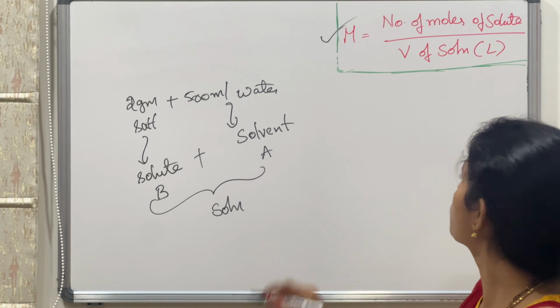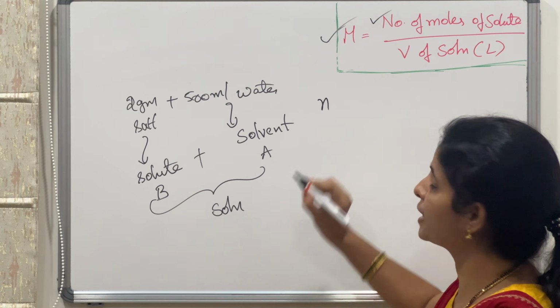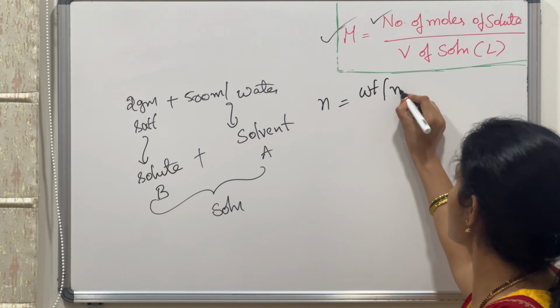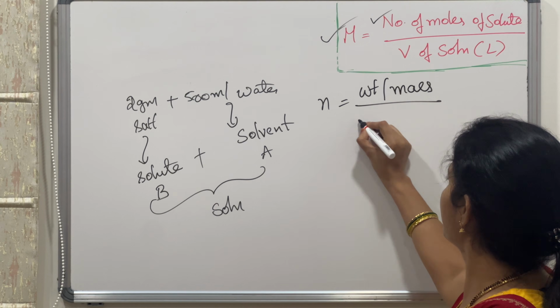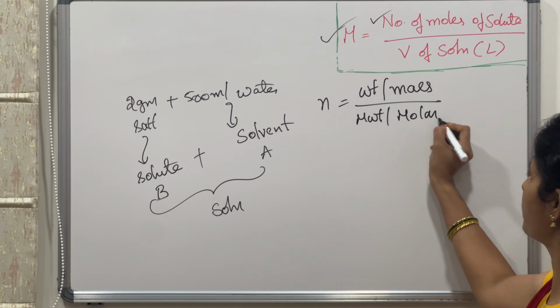So what is the number of moles? Number of moles is represented by n. It is nothing but weight or mass divided by molecular weight or molar mass. Simply weight by molecular weight.